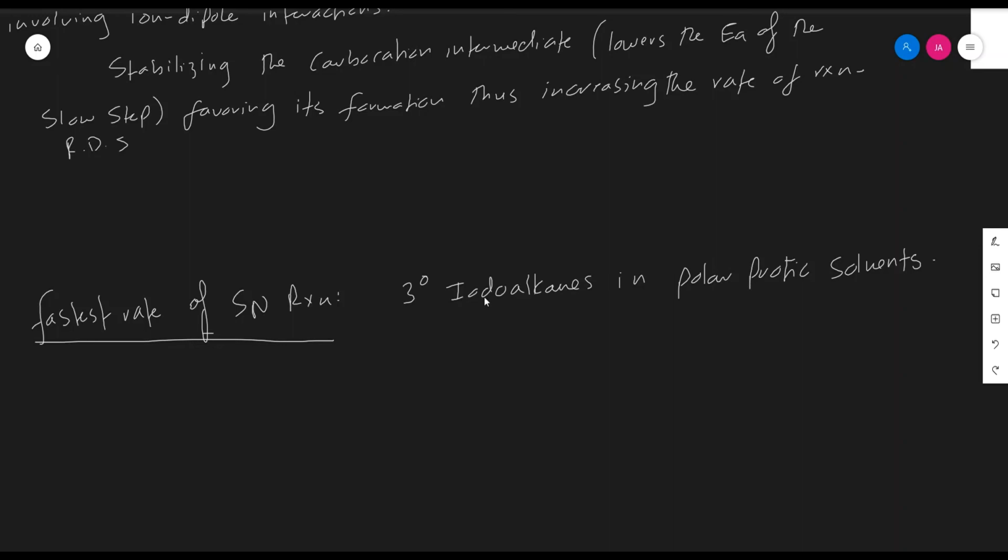The bond strength would be low and thus would break easily, as stated in the second factor in this video, and the use of polar protic solvents, thus to increase the stability of the carbocation that forms in an SN1 mechanism for a tertiary halogenoalkane. Thus, tertiary iodoalkanes in polar protic solvents would have the fastest rates of reaction.